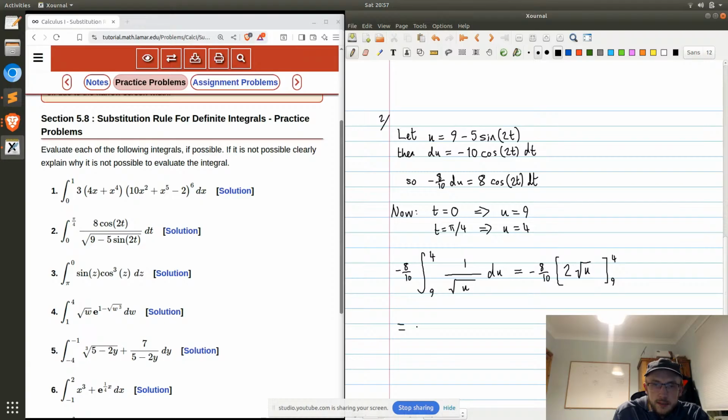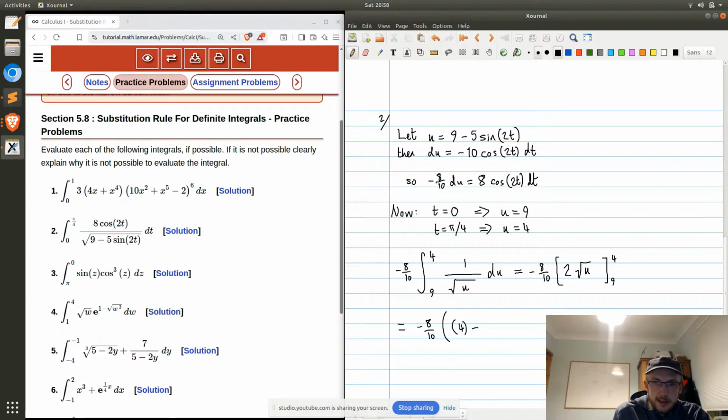And open up some brackets here, put in 4. So what's 2 times root 4, the square root of 4? Well, that would just be 4. And then what's 2 times the square root of 9?